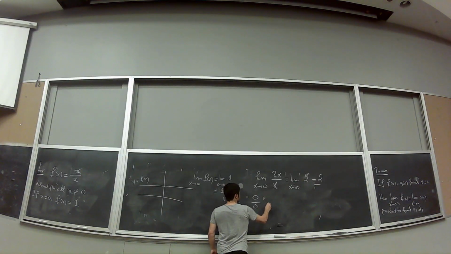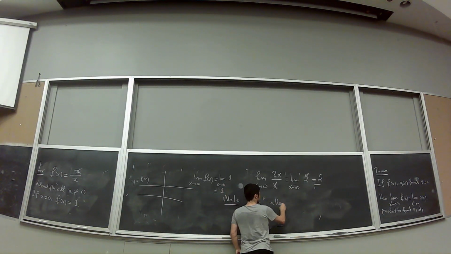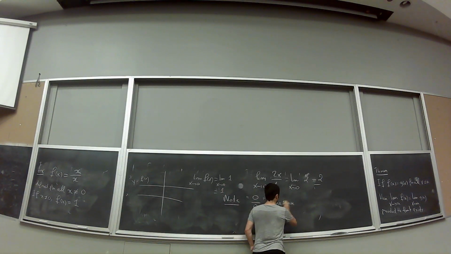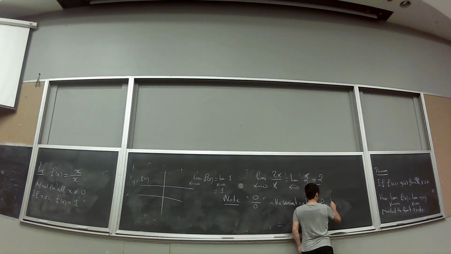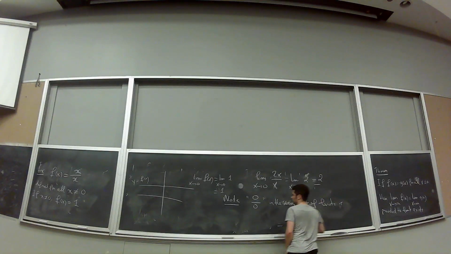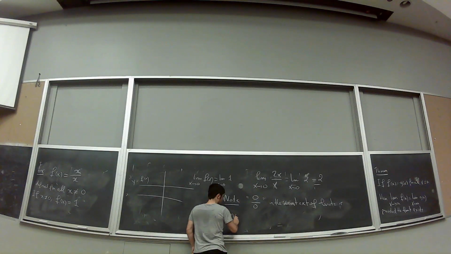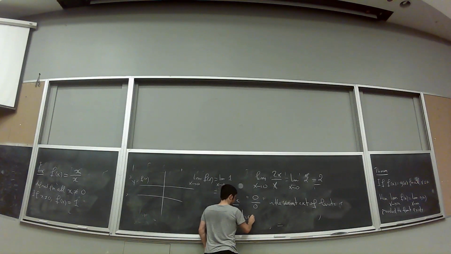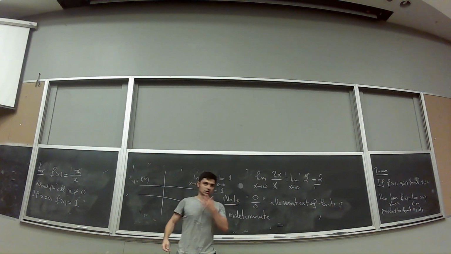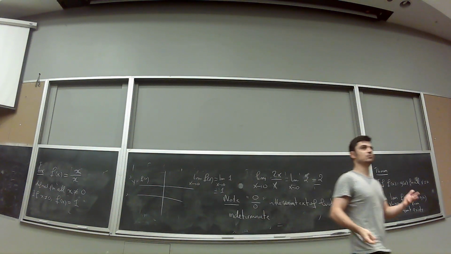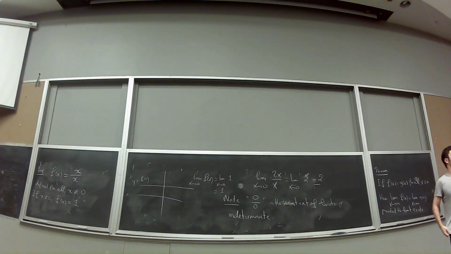Zero over 0 in the context of limits is indeterminate. It could really give you anything. It may give you something that doesn't exist as well. Okay? Everybody, we're good?